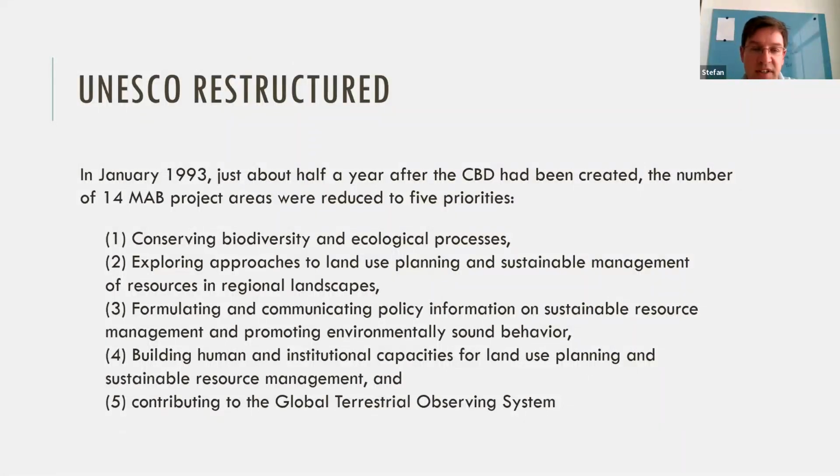And afterwards, it was less research focused and more mission driven. It had 5 priorities of what it is supposed to achieve. And well, I will only read the top priority here: conserving biodiversity and ecological processes. So suddenly all of Man and the Biosphere program was about biodiversity.